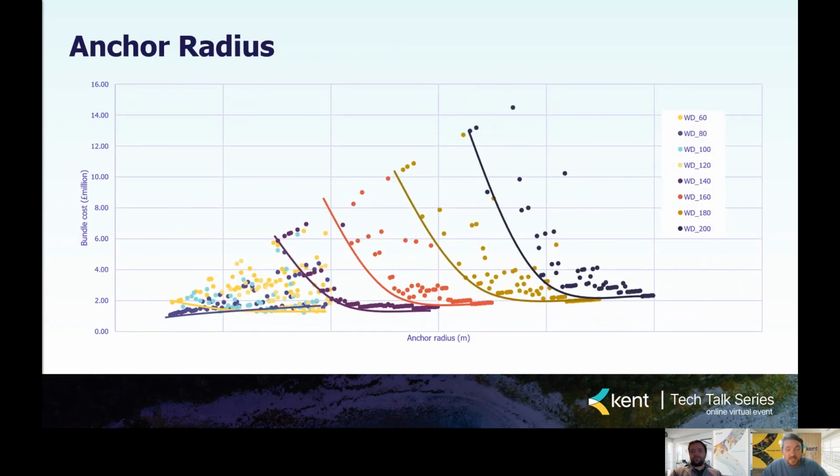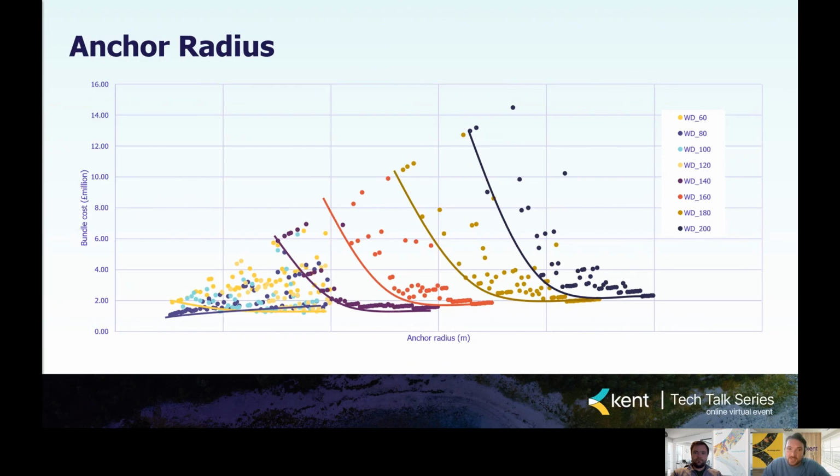So the second study is considering the influence of the anchor radius on the cost of a system. And this plot is showing the minimum bundle costs for each of the anchor radiuses. So in the previous slide, we were simply looking at the cheapest overall solution for each water depth. But this is allowing us to expand on that. So the different colors of the points represent the different water depths.